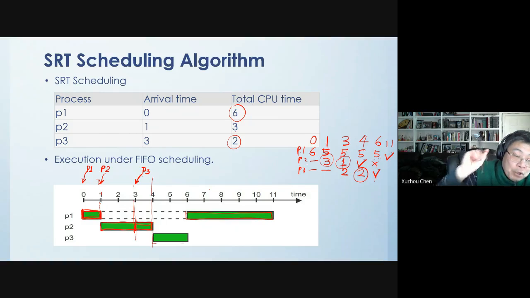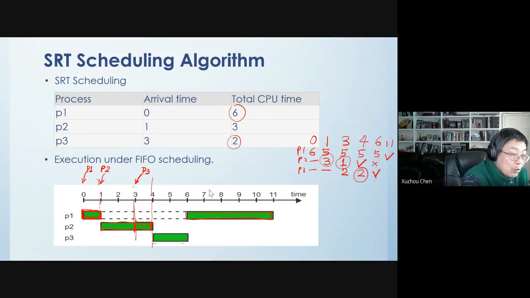So every time a new process joins the ready list, or any process leaves the CPU, the scheduler is going to decide who has the shortest remaining time, and continue to run that one. Any new process joins the ready list, or an existing process leaves the CPU, then you have to make a selection.